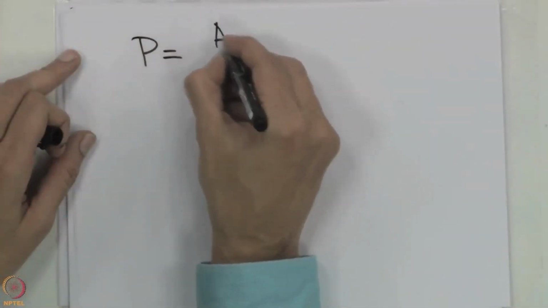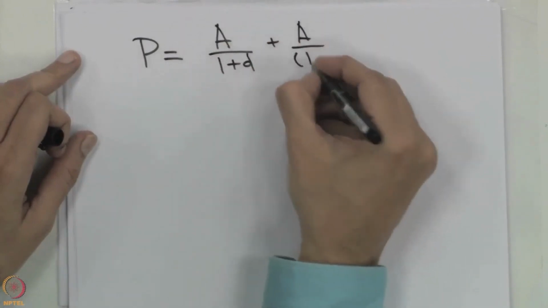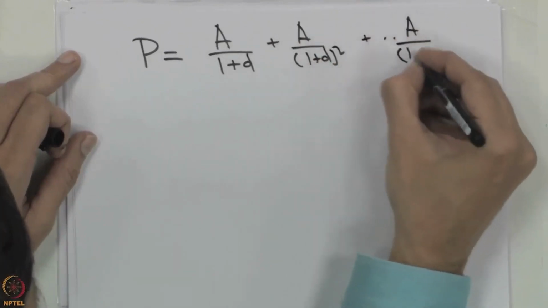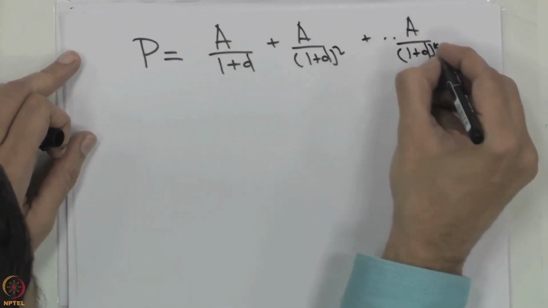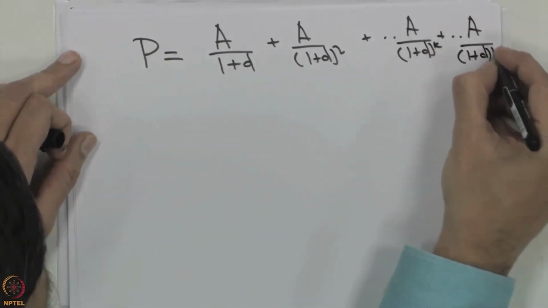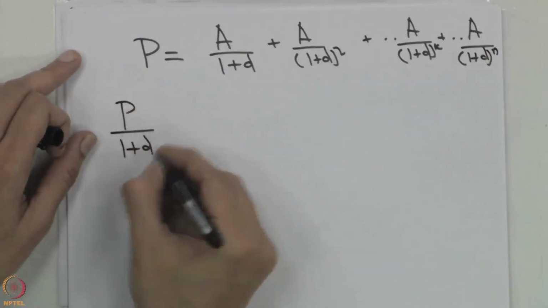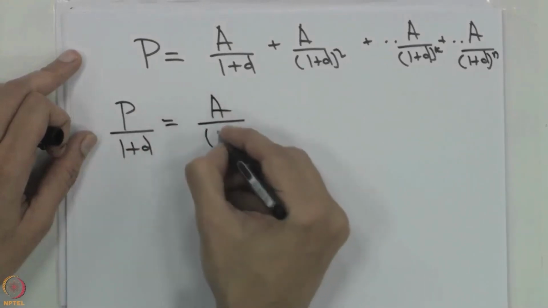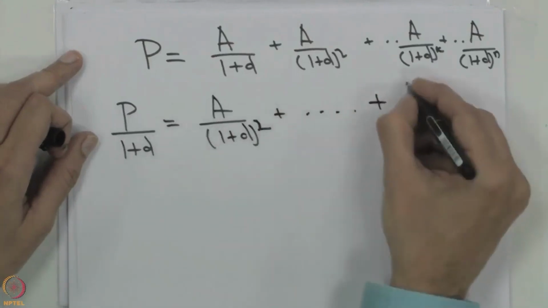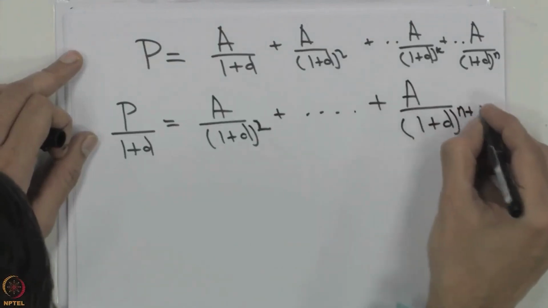This becomes P is equal to A by 1 plus D plus A by 1 plus D squared, and so on, up to A by 1 plus D raised to n. Okay. So, we can take this and divide it by 1 plus D and we will get A by 1 plus D squared plus, and so on, A by 1 plus D raised to n plus 1.